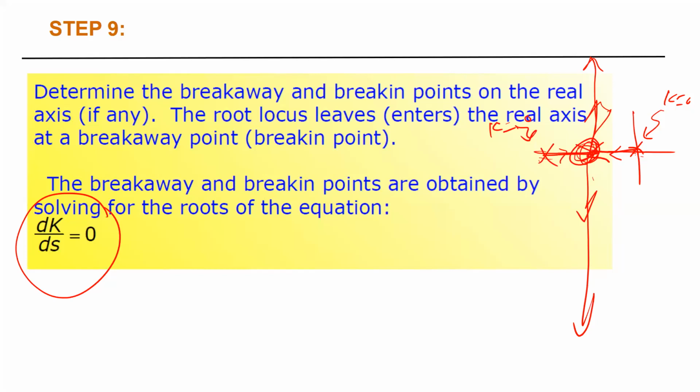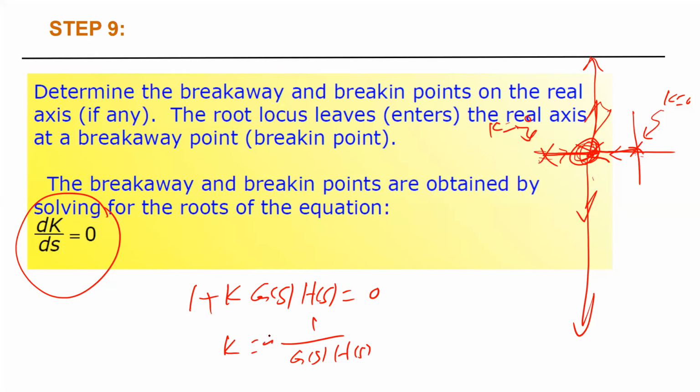Remember the characteristic equation, 1 plus K G(s)H(s) equals 0. So let me solve for K. K equals minus 1 over G(s)H(s). Differentiate and set it to 0. When we differentiate with respect to s, it is the usual, conventional differentiation, no problem.